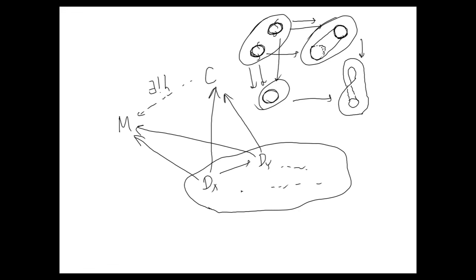That intuition is basically captured by describing the diagram. And then the rest is taken care of by the general knowledge that co-limits and limits exist in your category. So you prove once and for all that these limits and co-limits exist in a given category, and then you don't need to construct them every time. You can just describe the diagram of which you want to take the limit or co-limit.